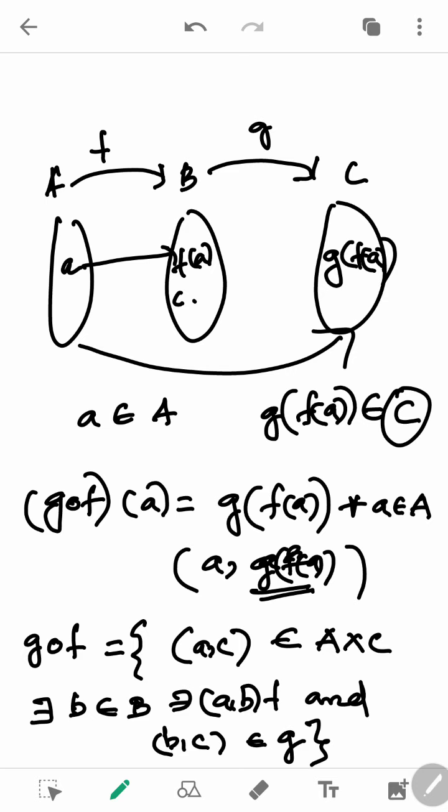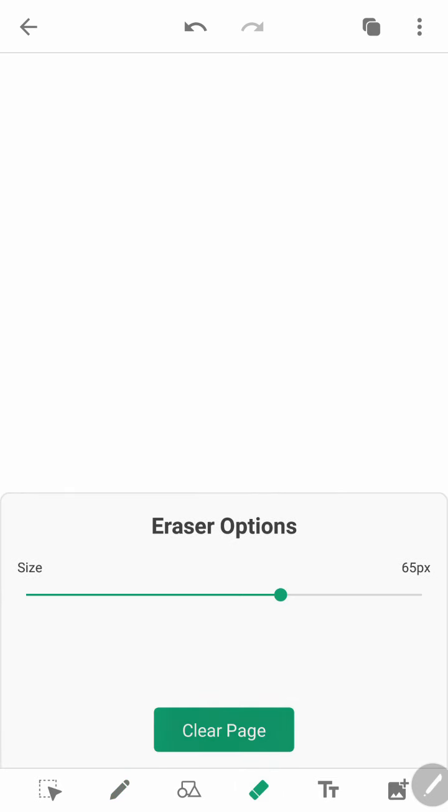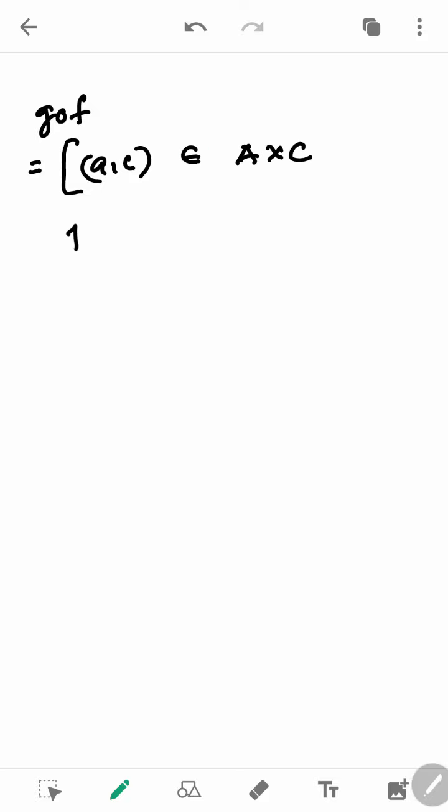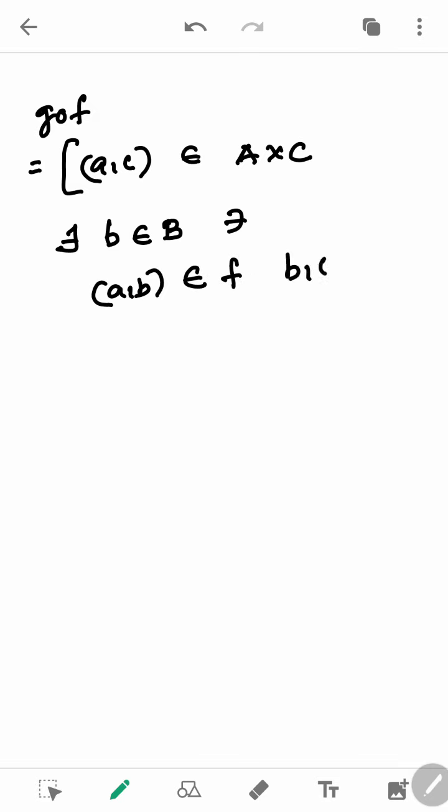This is the definition of g composition f.